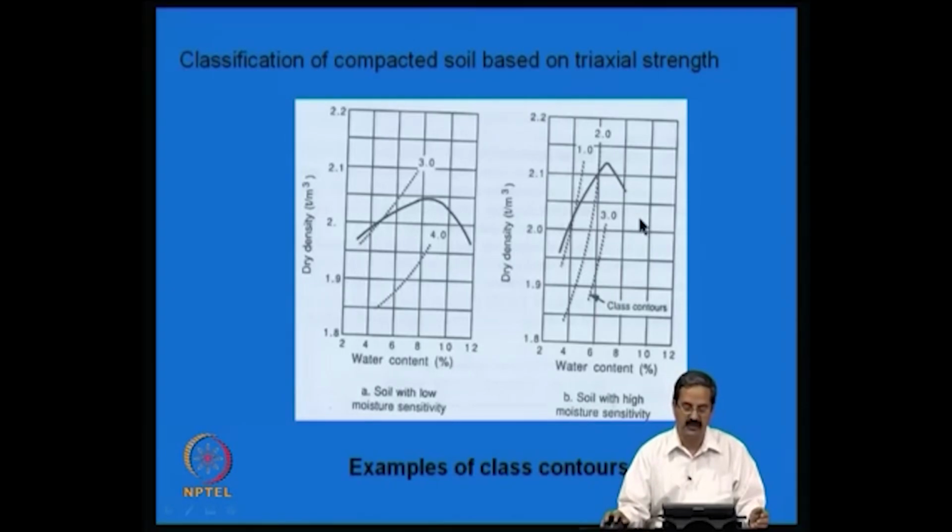It is very important that one should get the compaction curve as nicely as possible, because this is very important, particularly for field control, and also in understanding to what extent the soil is sensitive to changes in water content. So that if you want to specify that soil, it should have a good basis. Otherwise, we have seen some soils where after some compaction the shear strength is so low that it will be a problem.